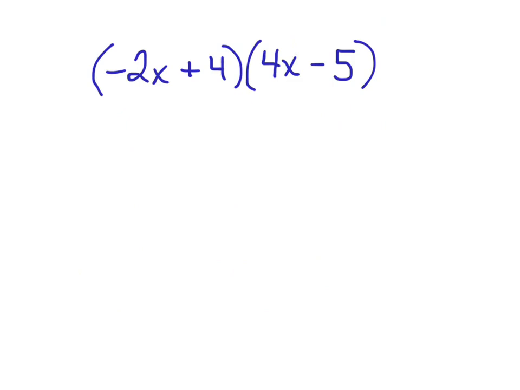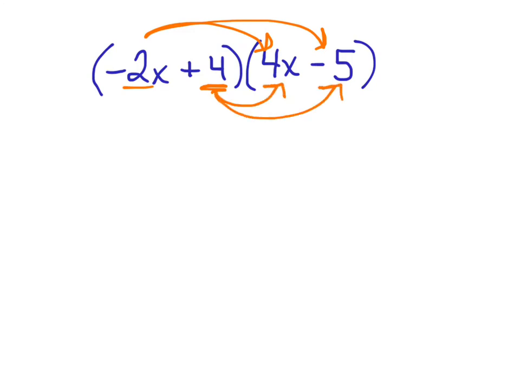If I wanted to shortcut the steps to write down what exactly I'm distributing, I could say, well, I know I'm going to distribute this negative 2x to the 4x and also to the negative 5. And I'm also distributing this 4 to the 4x and the negative 5. So essentially I have 4 multiplications being done in this problem.